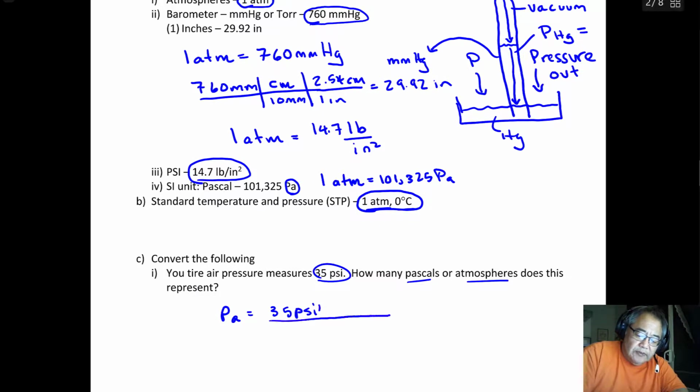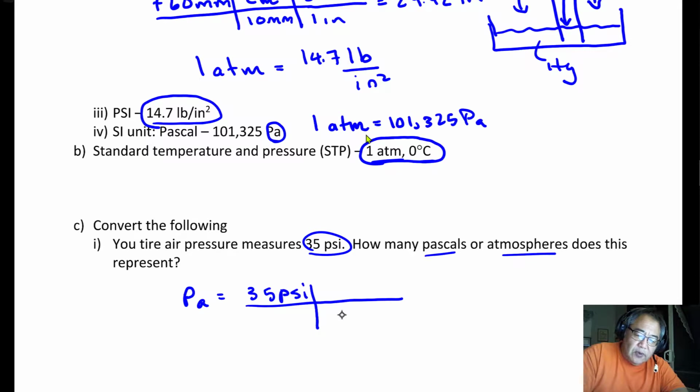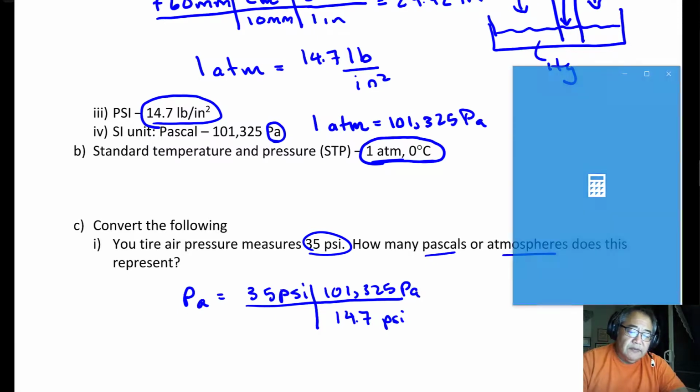For example, I know that 1 atmosphere is 101,325 pascals, but I also know that it's 14.7 psi as well. So what I'll do is I'll just simply combine those two. Since they're equal to each other, I'll say 14.7 psi for every 101,325 pascals. It's much easier to do, by the way, if you just write it out like that rather than trying to write the fractional unit.